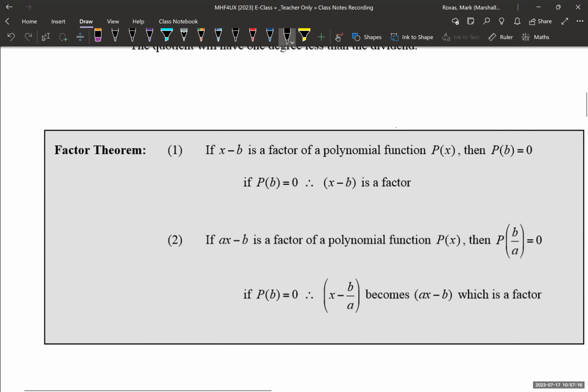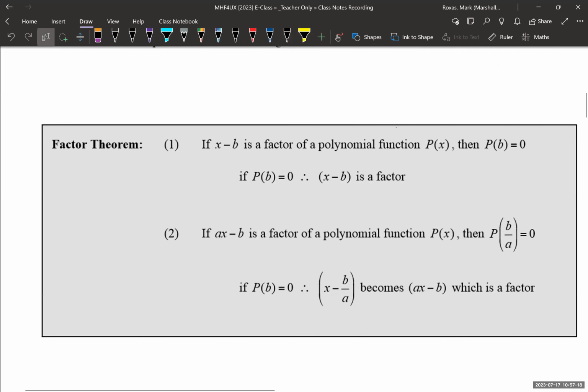Next, factor theorem. If x minus b is a factor of the polynomial p of x, then p of b equals 0. So if p of b equals 0, x minus b is a factor. Kind of like remainder theorem, right? If you plug in that value of b, you get a remainder.